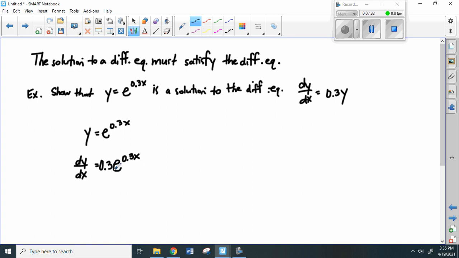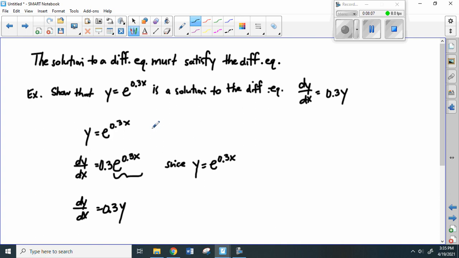There's my differential equation. But supposedly, that should be equivalent to the original differential equation, 0.3y. Well, what do I know? Since y equals e to the 0.3x, I can just rewrite this as a y right there.